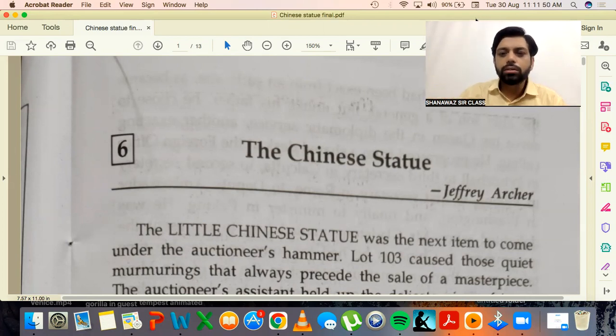So the story begins in an auction house in London, and the narrator is curious to know about the item's background, about the statue which has been sold, the Chinese statue.